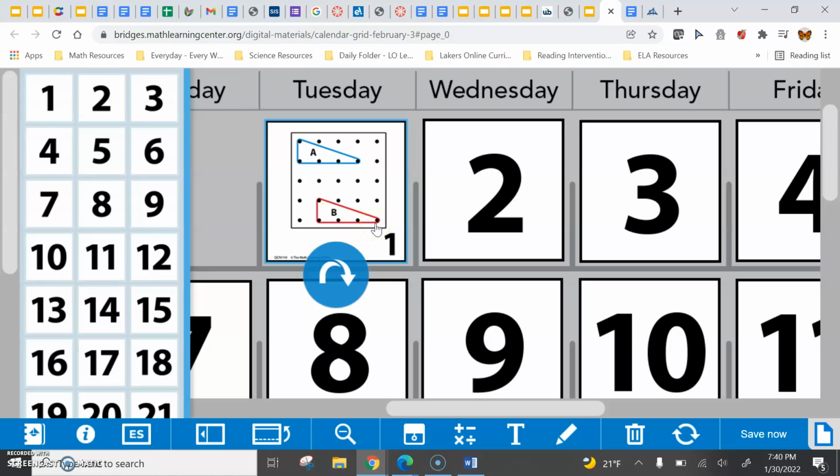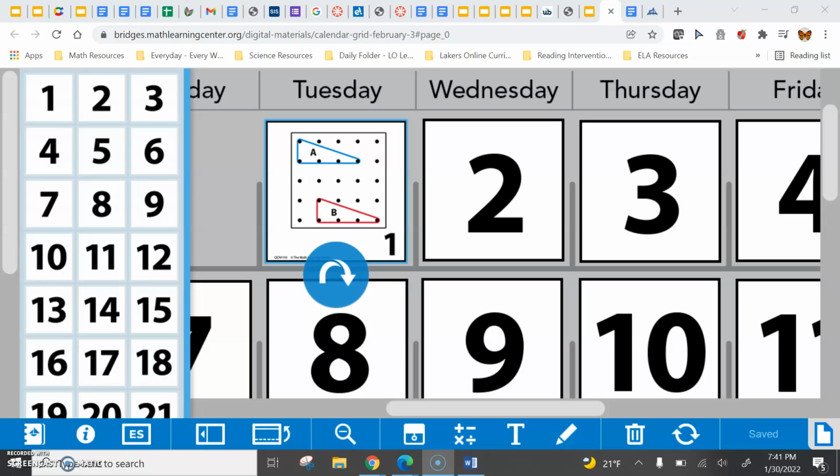This month with Number Corner, we're going to talk about, first of all, are we able to count the number of sides that each shape has? And we're going to talk about if the shapes are congruent. When we say they're congruent, we mean, are they the same size and the same shape?